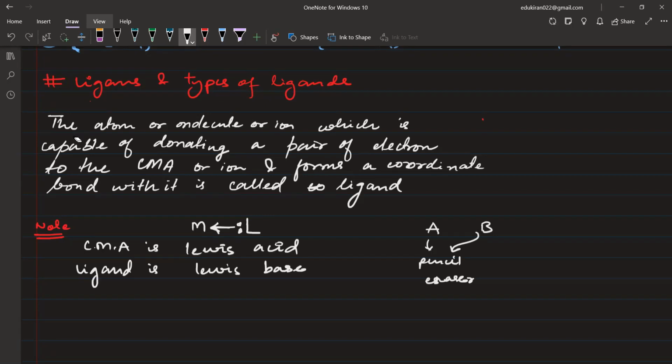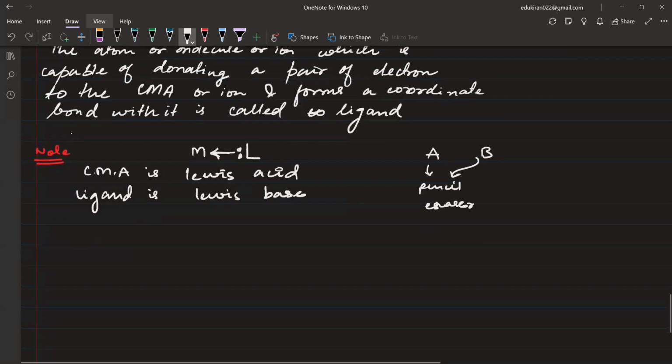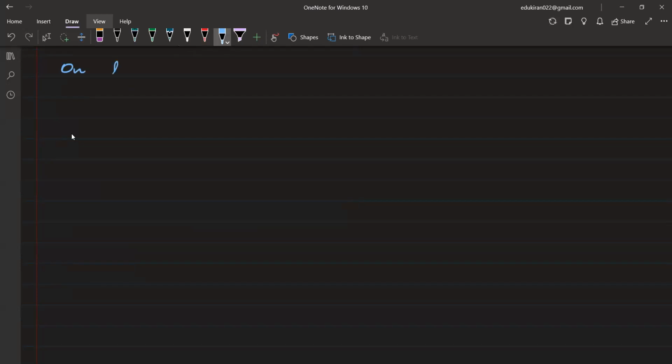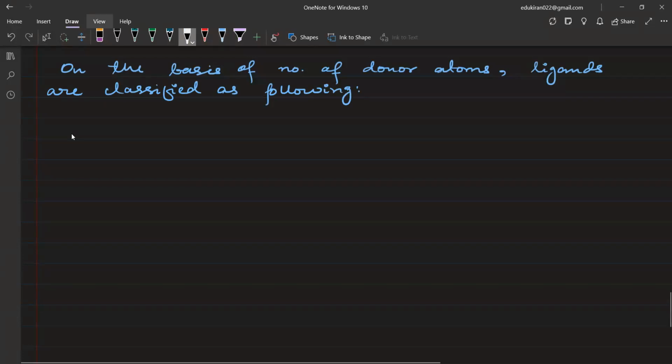Okay, I hope you have done a screenshot. Right, next, on the basis of number of donor atoms, ligands are classified as following.